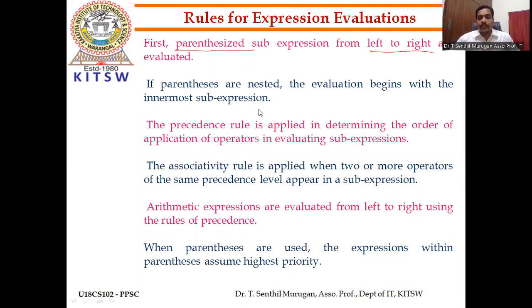If parentheses are nested, that is, one within another, you have to evaluate the inner one first. If this parenthesis has another parenthesis inside it, you give the first preference to the nested one, then you go for the outside parenthesis. Even if there is another parenthesis inside, first preference, then second preference, then third preference you give like this.